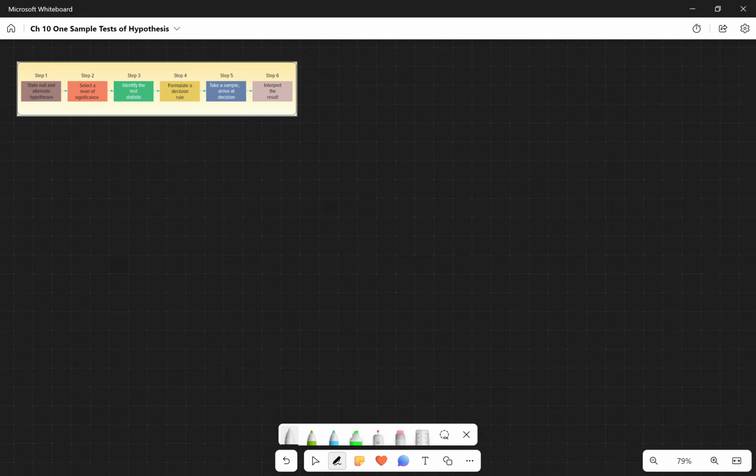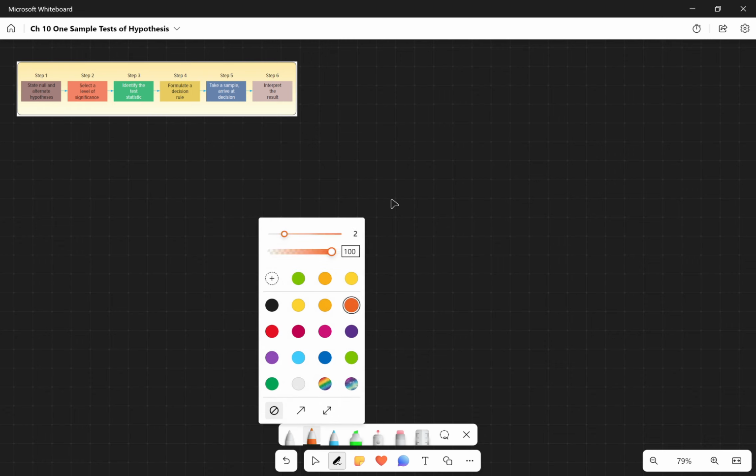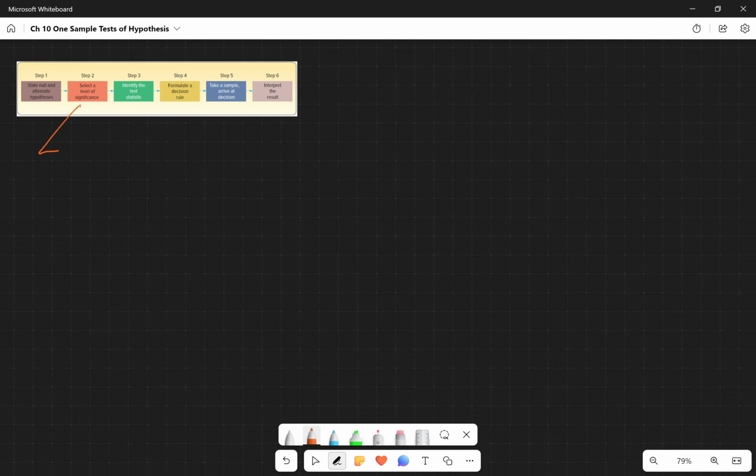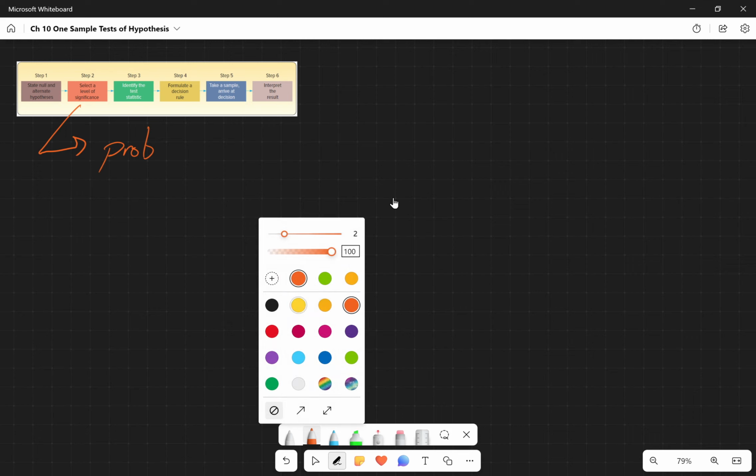The second step that we have in the process is going to be for us to select a level of significance. The level of significance is essentially the probability of rejecting the null hypothesis when it's true.